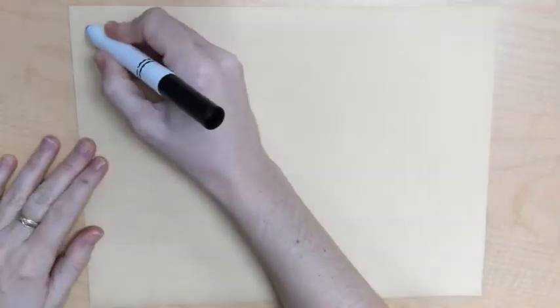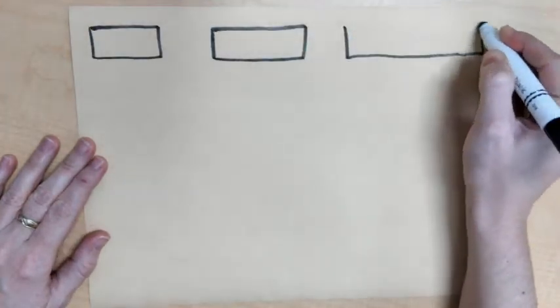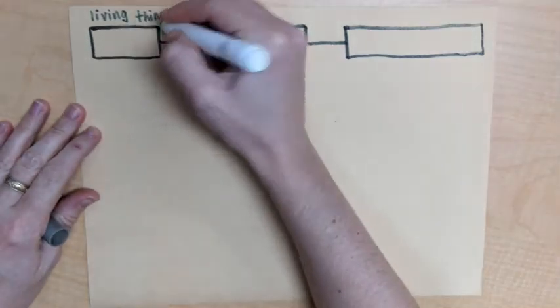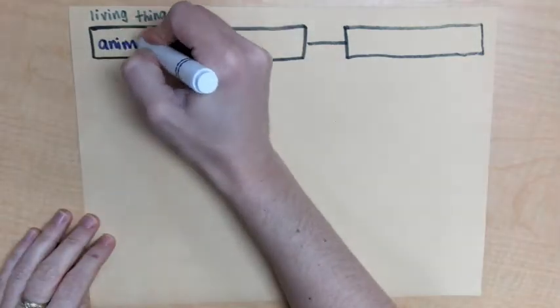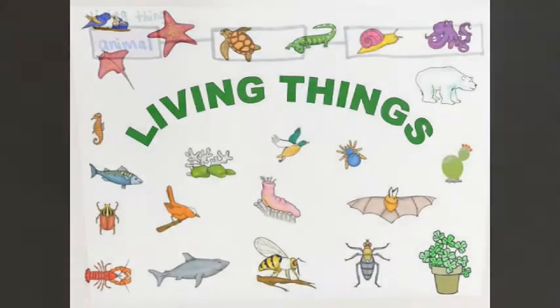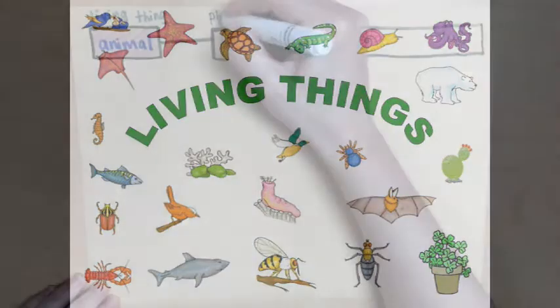What we're going to do now is write some complete sentences. And in our sentences, we're going to have helpful information, very, very important information. So since we're talking about animals, we know that the living thing that we're talking about in our sentences is going to be a specific animal.